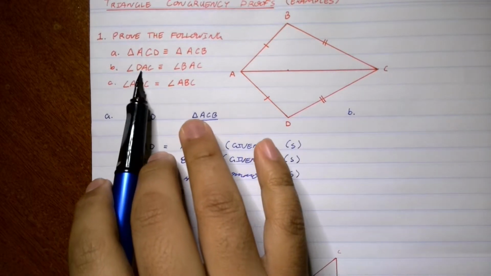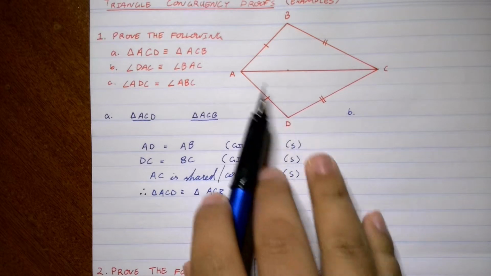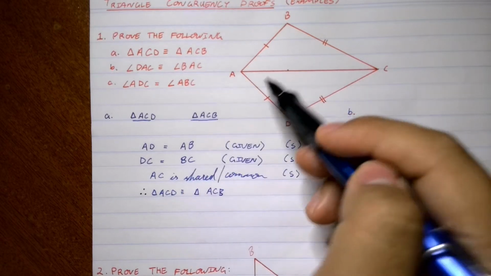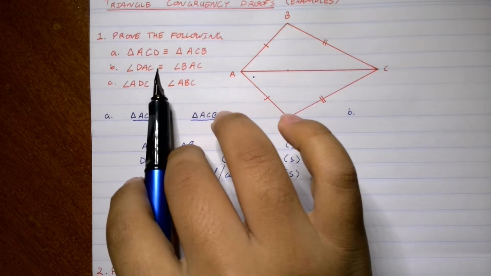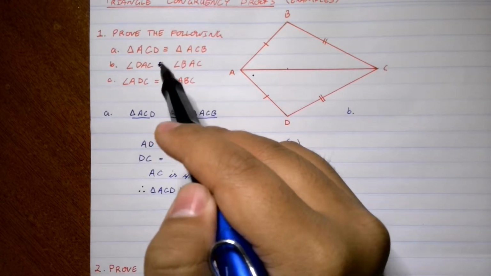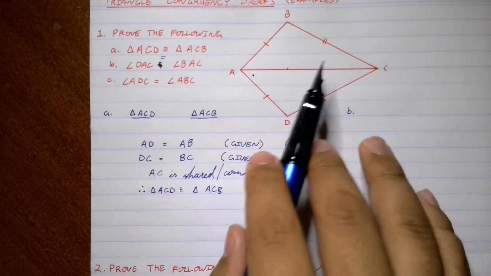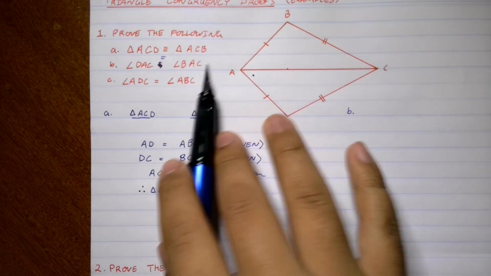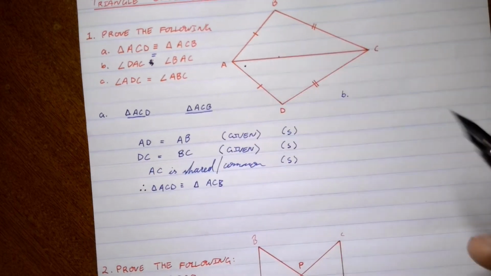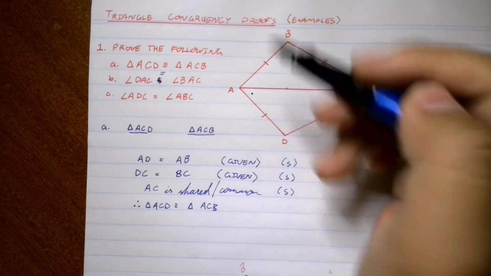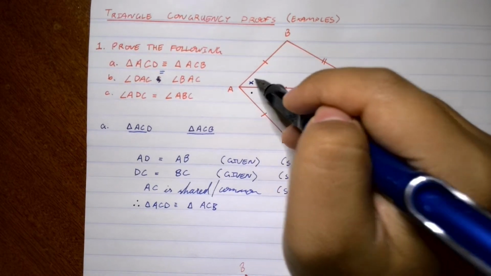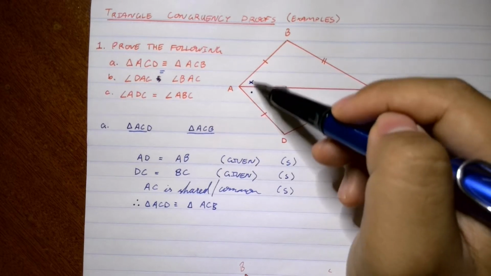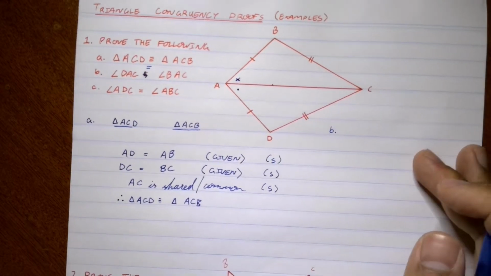Let's prove that angle DAC, I'm just going to mark it here, is equal to, sorry, that should be equal, not congruent, is equal to angle BAC. I can't mark it with the same dot, so I'm just going to put an X. So we want to prove that those two angles are equal.